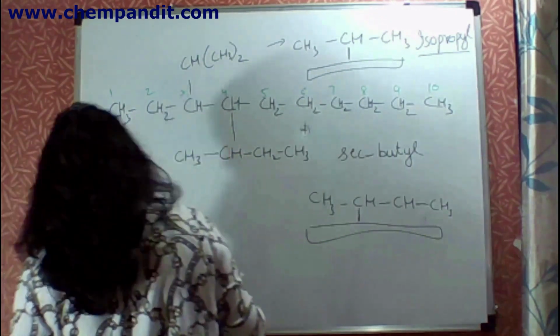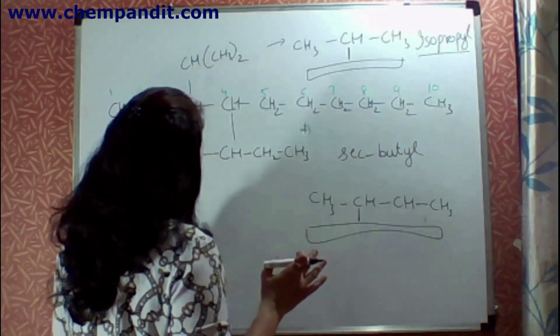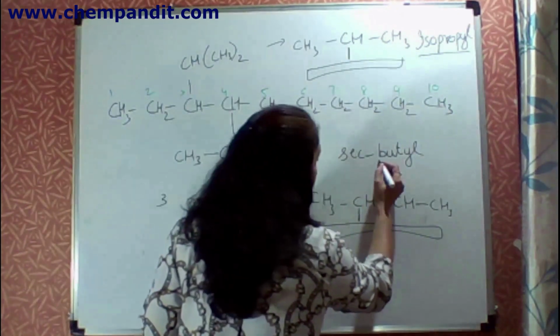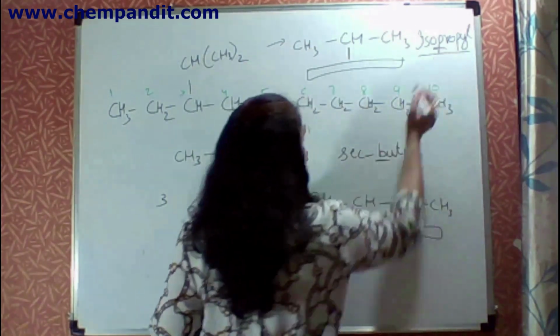Okay, so how will we name the compound? Tell me. In this case, we will consider this again in alphabetical order. B of butyl and P of propyl.